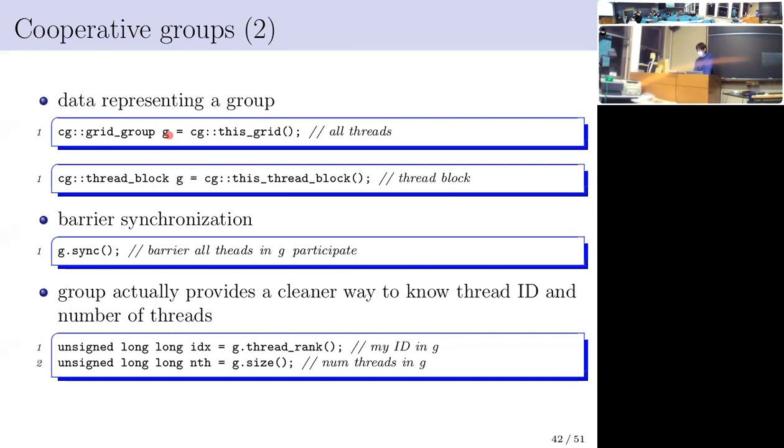Either way, after you get this data structure representing the entire grid or the thread block you are in, you call g.sync to establish the barrier synchronization among all threads in this thread group g. So either everybody in the grid or all threads in the thread block you are in.